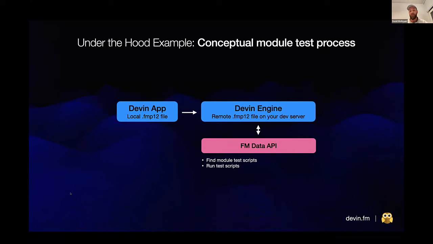From the Devin engine, the data API is first used to find all the scripts in the test folder of your files, and afterwards it runs those tests, again via the data API. So that's a very, very basic example of how the Devin engine uses the data API.